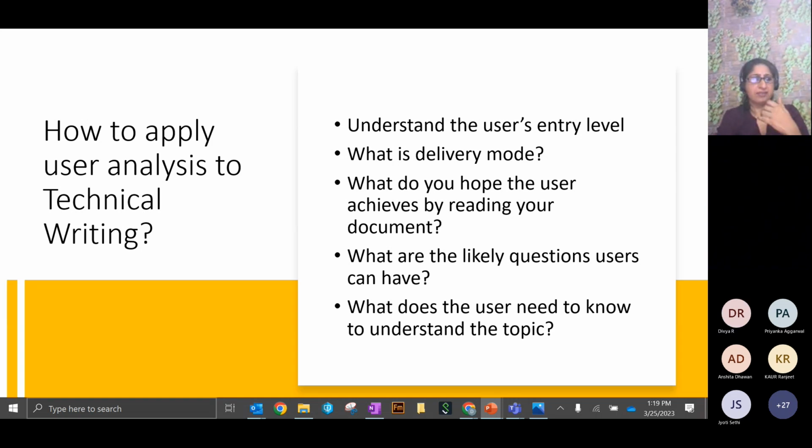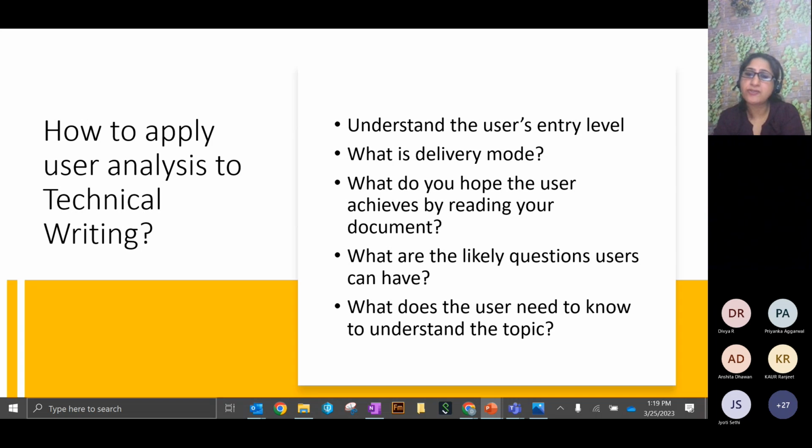Or is it that you need to give them some marketing collateral? So when you sit down to understand what it is that the user should achieve by reading your document, you're able to identify which document will be best suited for the user.